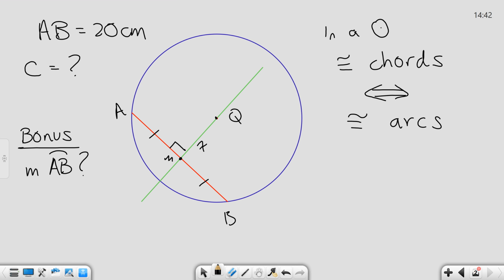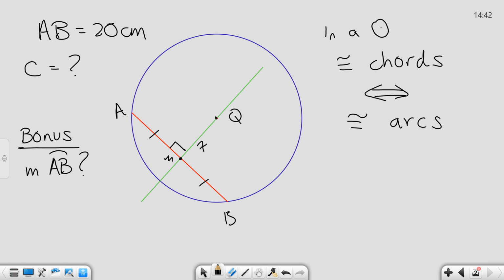X over 3, but this right here, X is the central angle. So if you solve for X, X is the central angle.